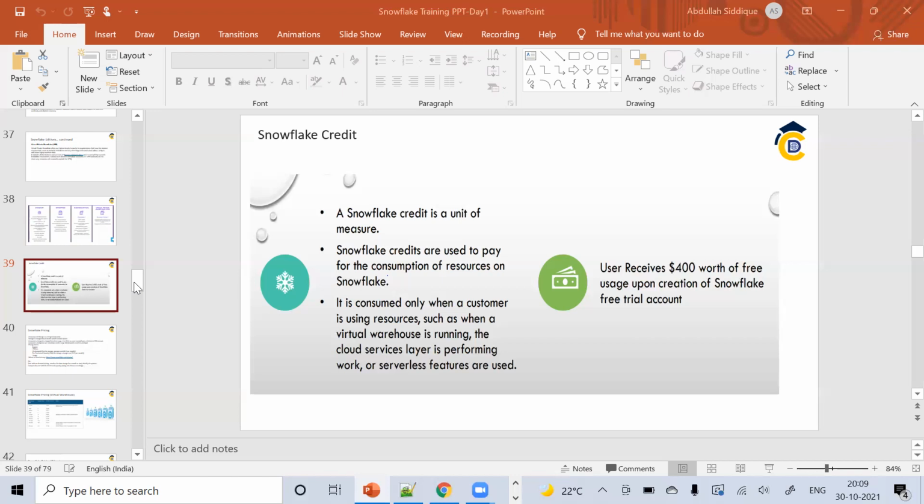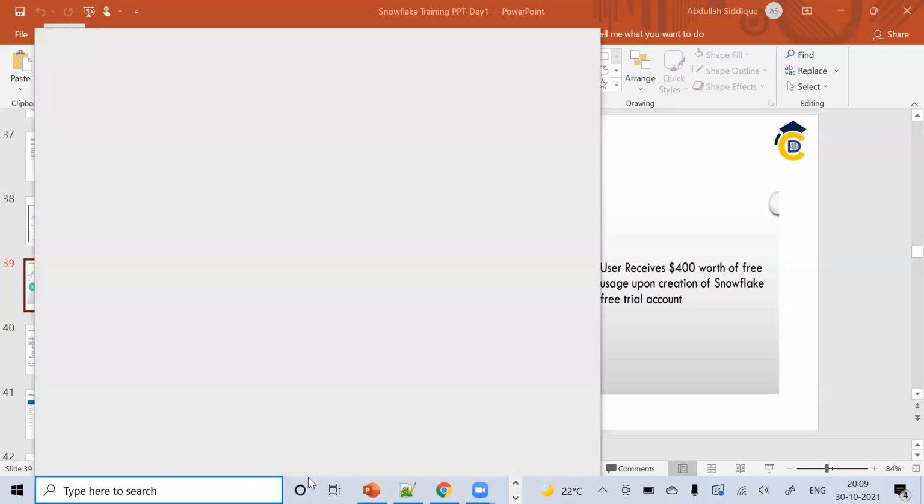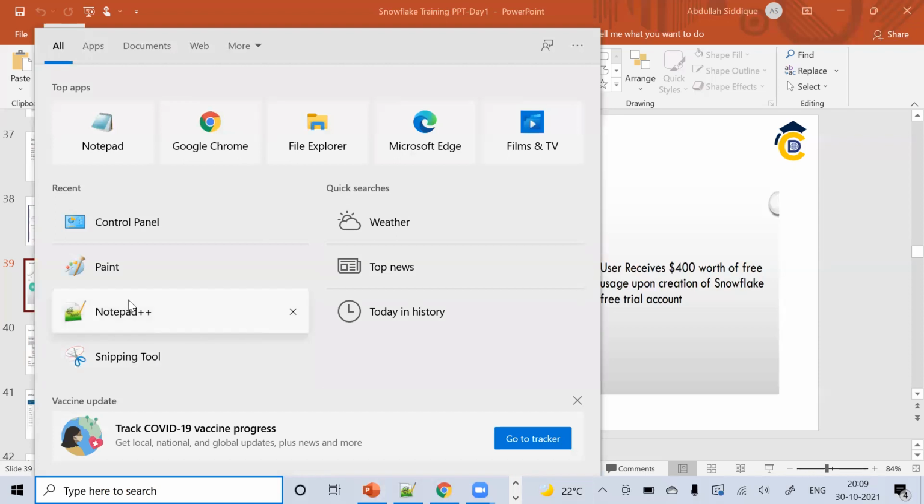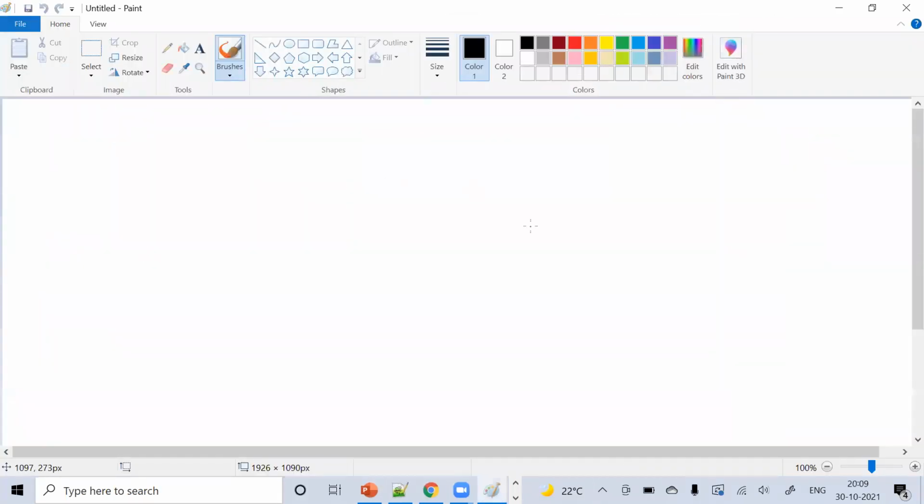So we will start with Snowflake pricing. To begin with, we should understand what a credit is. Whenever we do some transactions from, say, our Google Pay, maybe, right?